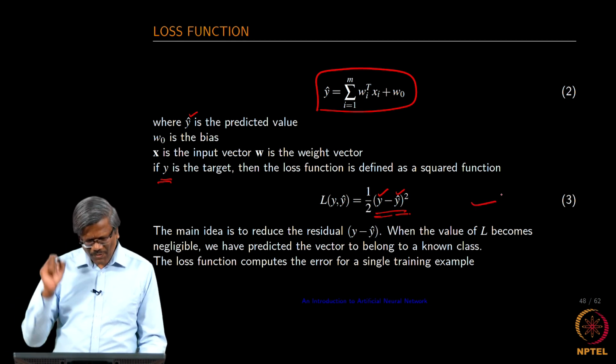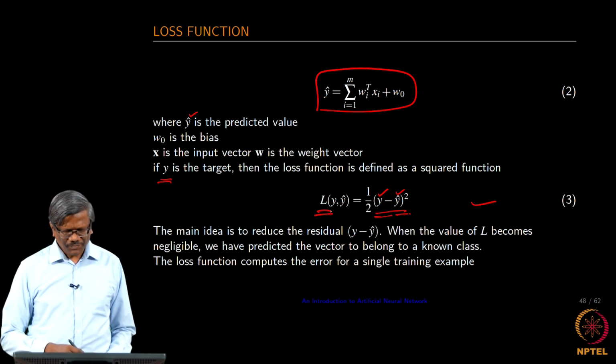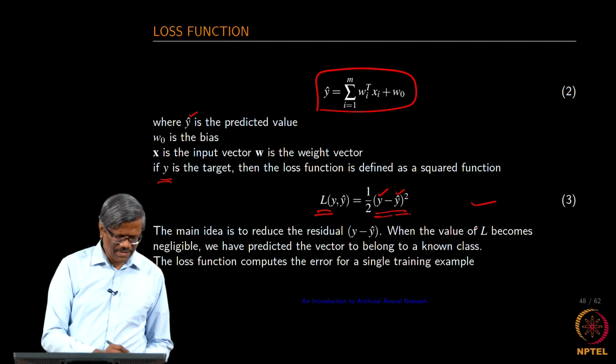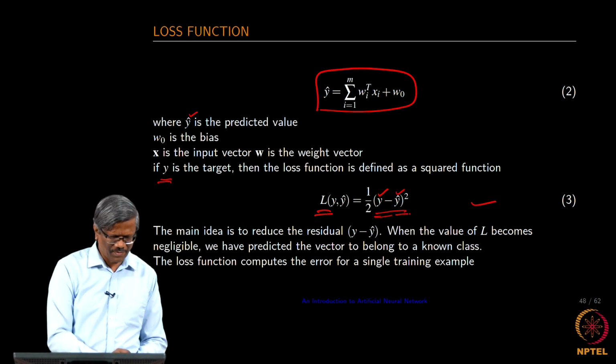Okay, so the idea is to minimize this loss, correct. So, when it becomes negligible, we can tell this system to stop the iteration.